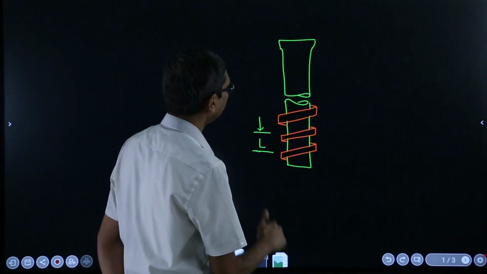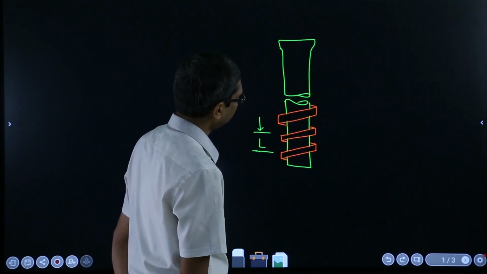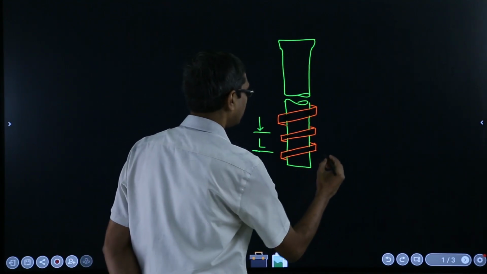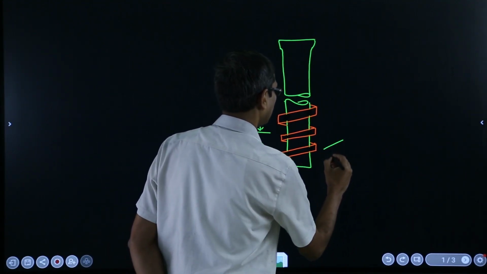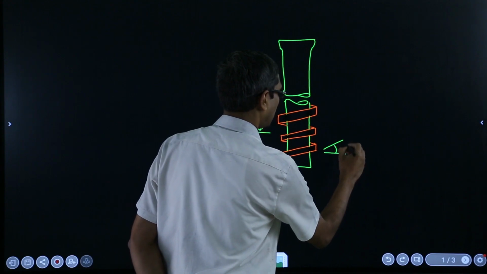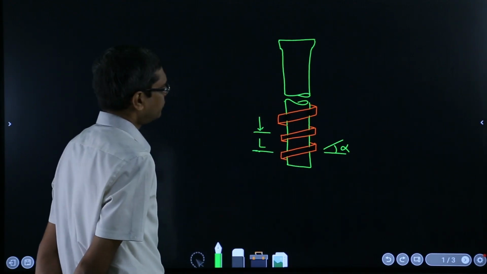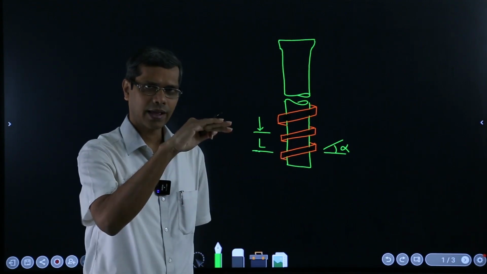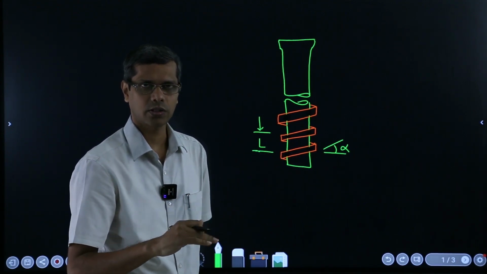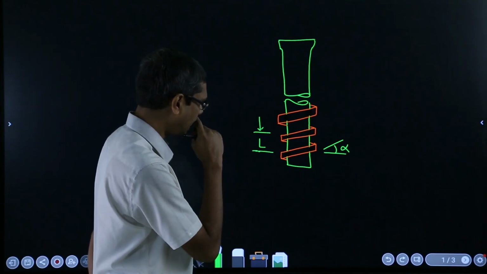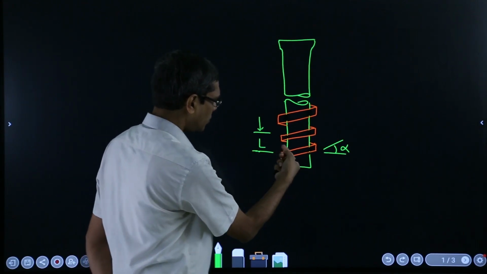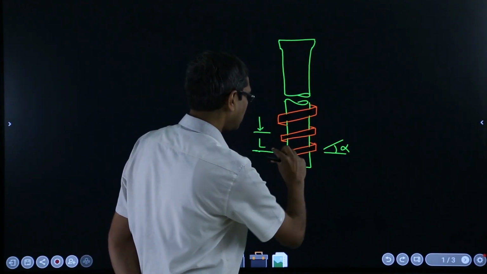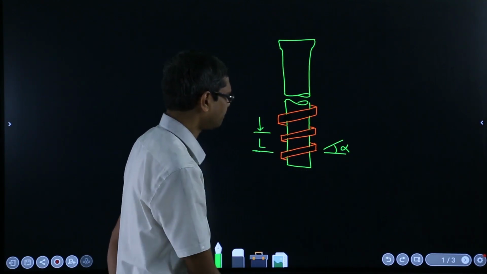So that's the lead, and then this angle, say this angle is alpha, and if you remember, this is like the angle the wedge used to make with the horizontal. So if you can imagine that if you unwrap this, you will get a wedge like that.